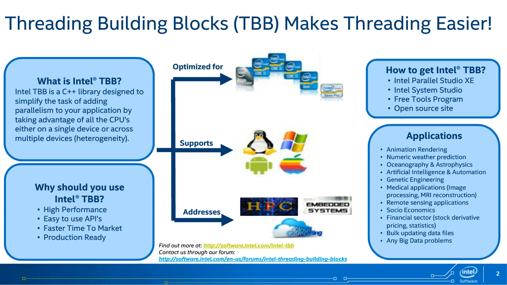There's support for Linux, Windows, Android, MacOS, and TBB is good for a wide range of domains. Many different kinds of applications, from animation to HPC to artificial intelligence to medical applications, have been successfully expressed using Intel Threading Building Blocks.